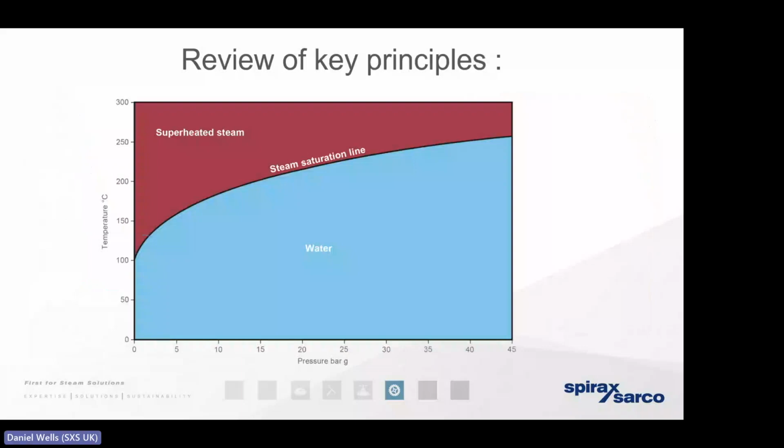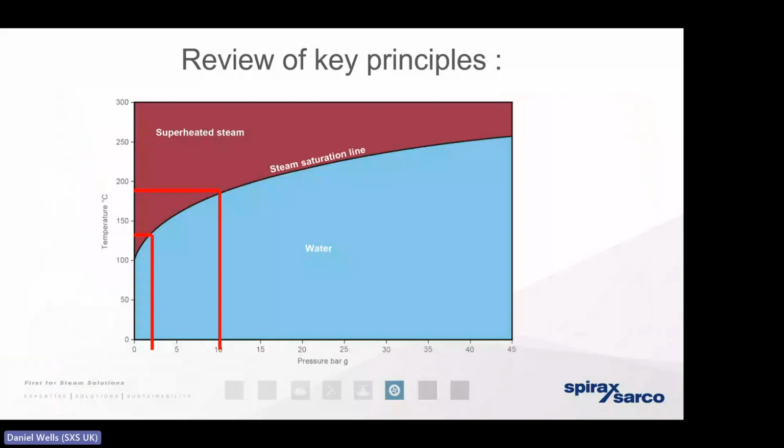Now, the other problem we have is we've got a pressure-temperature relationship with the steam. So, for example, if we're producing steam at 10 bar gauge, the temperature of the steam is 184 degrees. If we've got a sterilizer or another heat exchanger, for example, that only requires the steam to exist at 130 degrees, we can achieve that by manipulating the pressure, reducing the pressure down to 2 bar gauge.